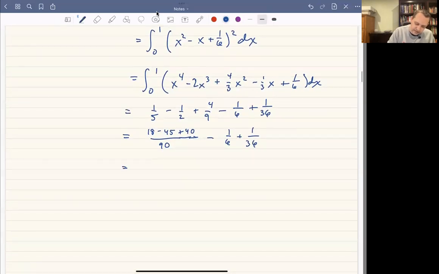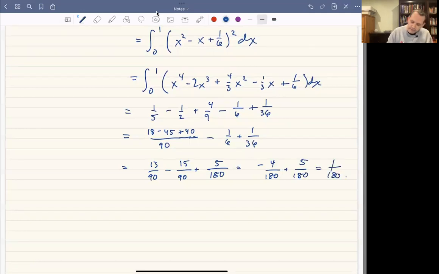So the first bit we said is 13 over 90 minus 1/6, which is 15 over 90, plus 1 over 36, which is 5 over 180. So this is negative 2 over 90, so negative 4 over 180 plus 5 over 180. This is 1 over 180. That I think is right.